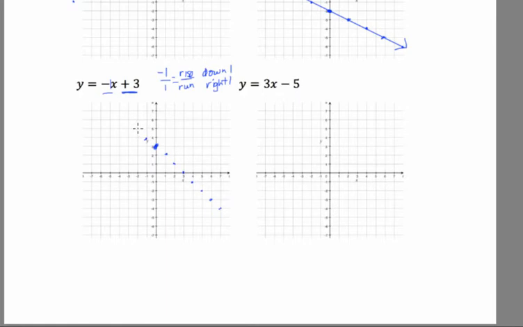Same pattern backwards. And connect your points with a line. Double check your slope. My slope is negative. So a little dude going left to right would go downhill on my line.